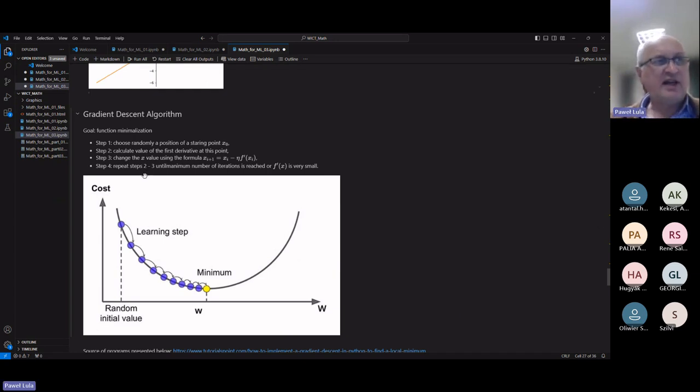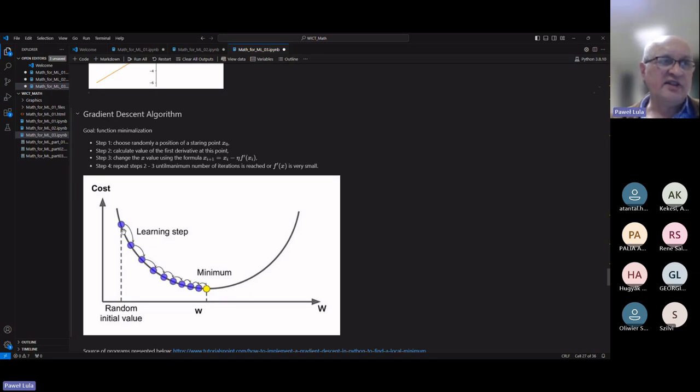The description of this algorithm is here. First, I should randomly choose the initial value, the starting point. I should calculate the first derivative here, and I should move in the direction which is opposite to the value of the first derivative.